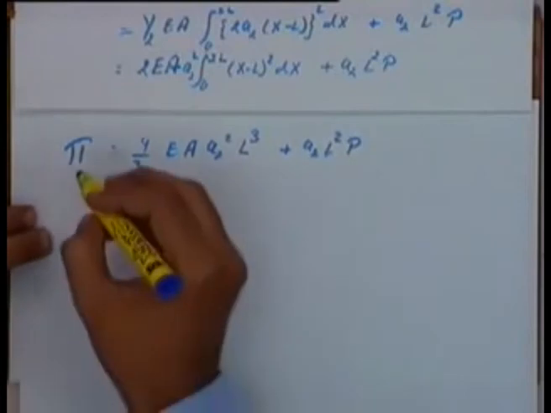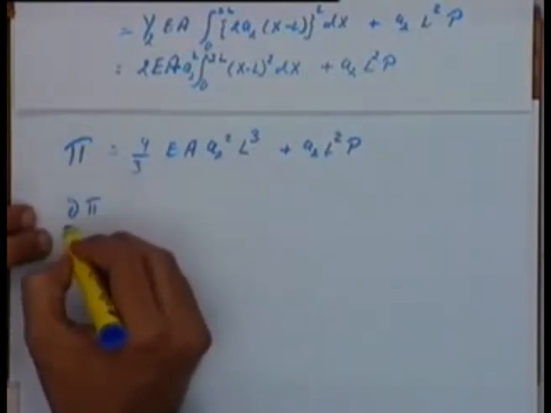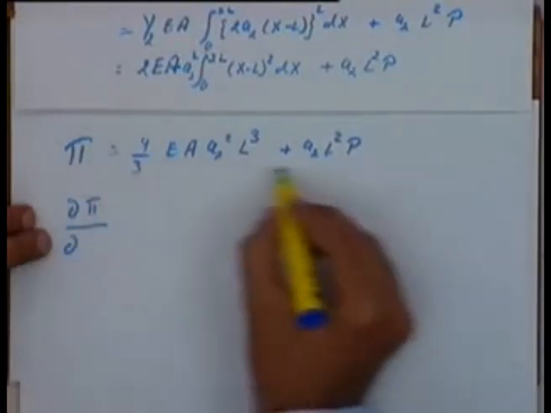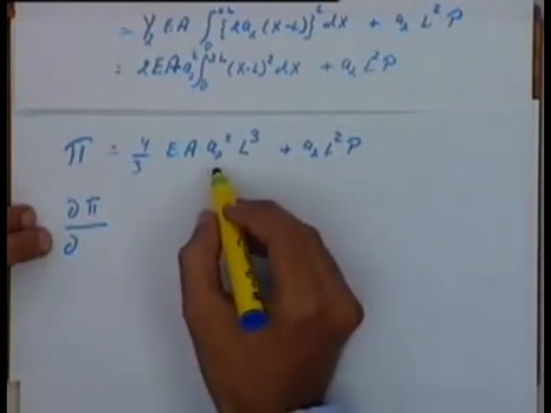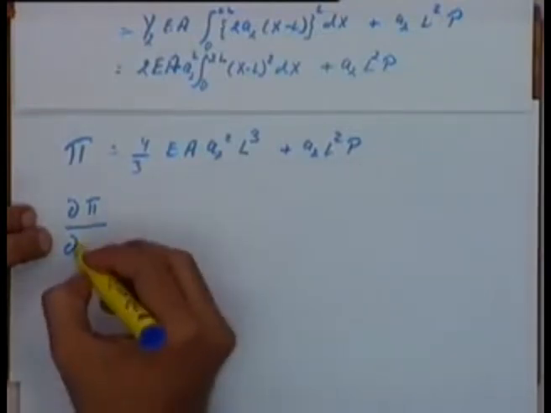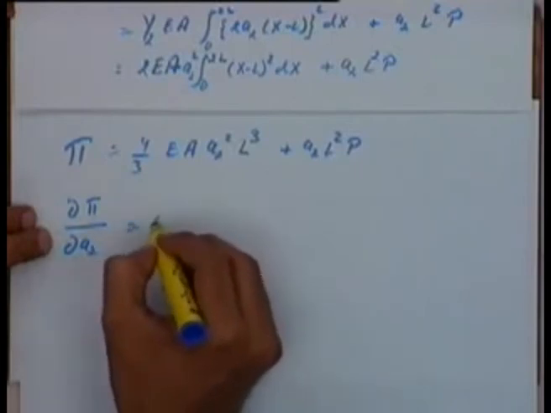Okay. Now, we will say del pi by del A2, the only parameter we have here is A2, should be equal to 0.